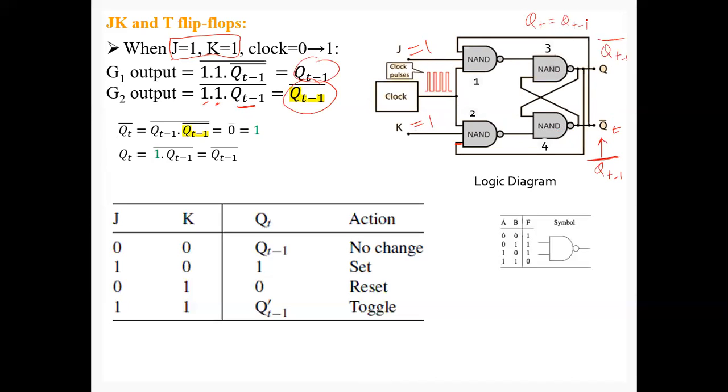But if it is Q(t-1) bar instead, then you call it toggle. Meaning you are getting the output coming from the Q bar output, the previous state of the Q bar output. That state is called toggle state. That's the main beauty of this JK flip-flop.